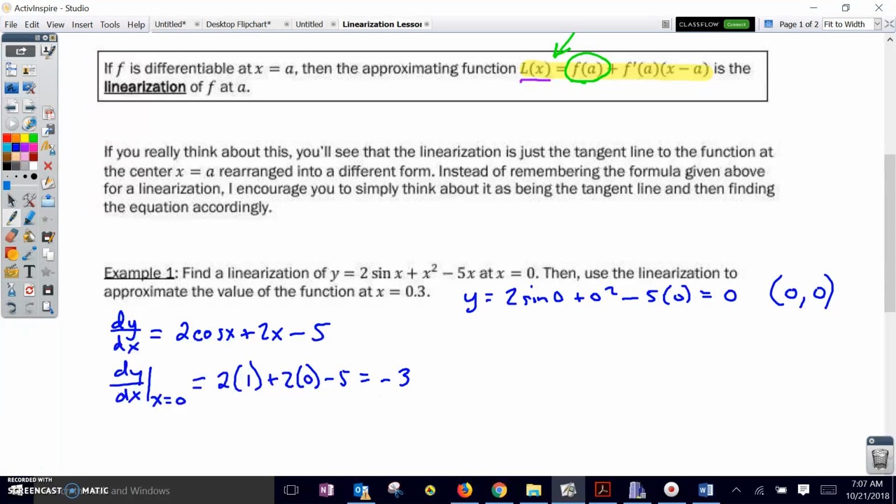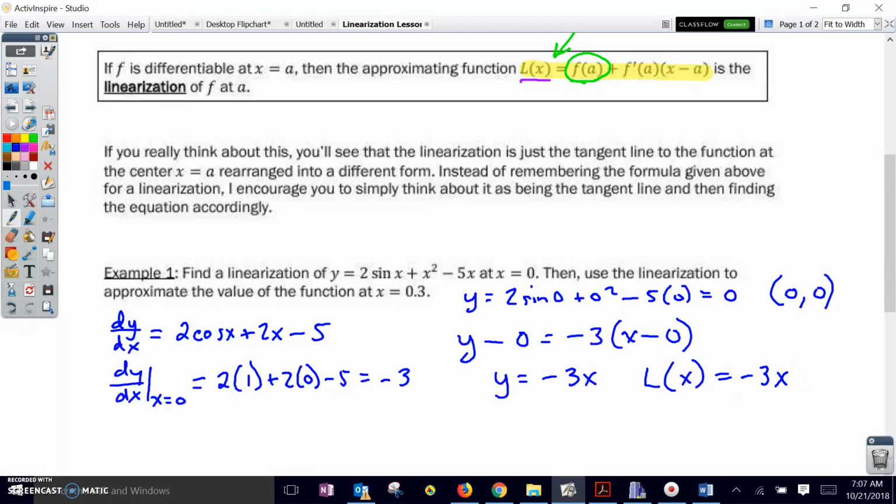And so my equation for my tangent line is going to be y minus the y-coordinate is equal to the slope times x minus the x-coordinate. And I get y equals negative 3x. Or if we wanted to write it in linearization form, L of x equals negative 3x.